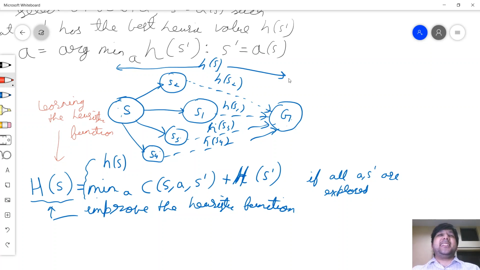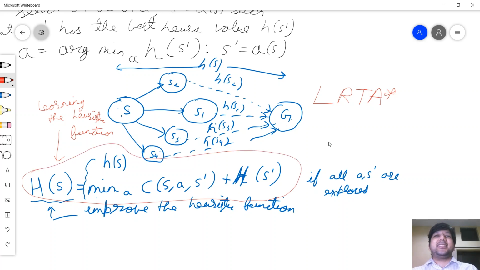So what did I change with DFS or online DFS? I first applied a heuristic function, so I call it an A-star-like algorithm. It is also real-time A-star, so just like online DFS, it's online A-star or real-time A-star, and it has a learning base because in the background, it's using this learning equation.